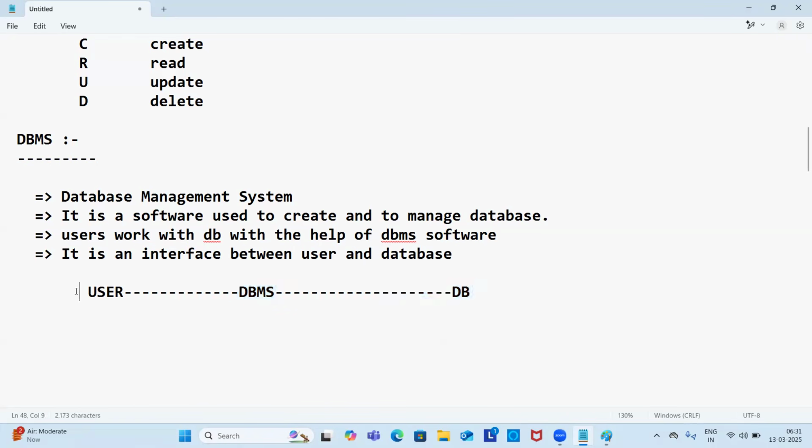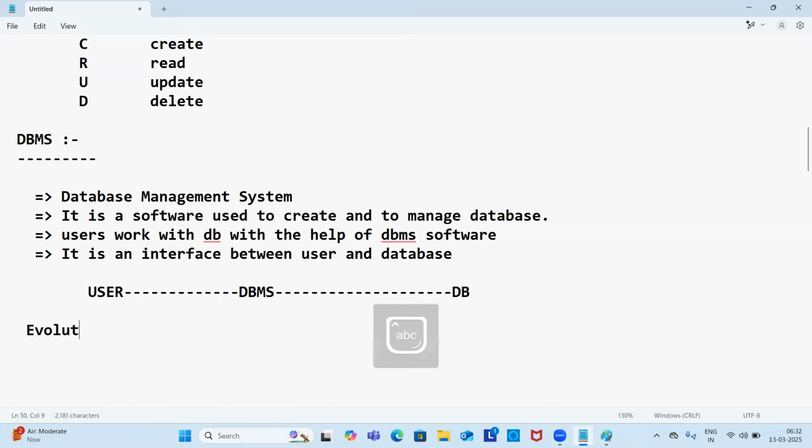If you want to update, you give a request to DBMS, and DBMS will go to the database and update the data. If you want to delete, you give a request to DBMS, and DBMS will go to the database and delete. So for any operation on the database, you give a request to DBMS.